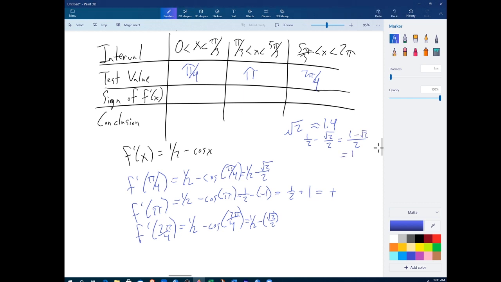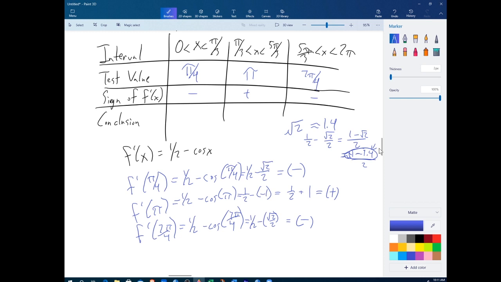That's like saying 1 minus, roughly, 1 minus 1.4. And we can see that the second half of that number is the bigger half. That's going to give me a negative number. And then this last problem tells me the exact same thing. So I end up with a negative, a positive, and a negative.